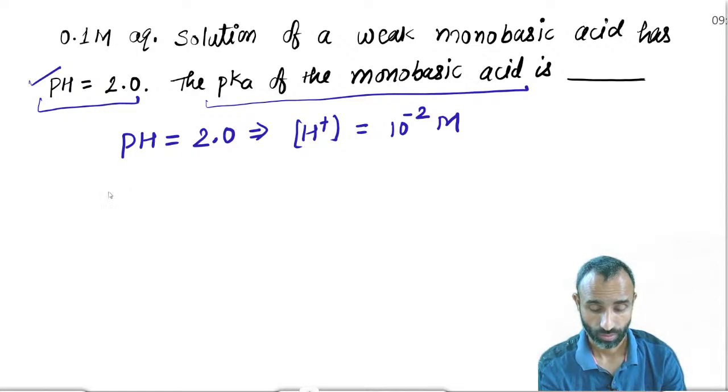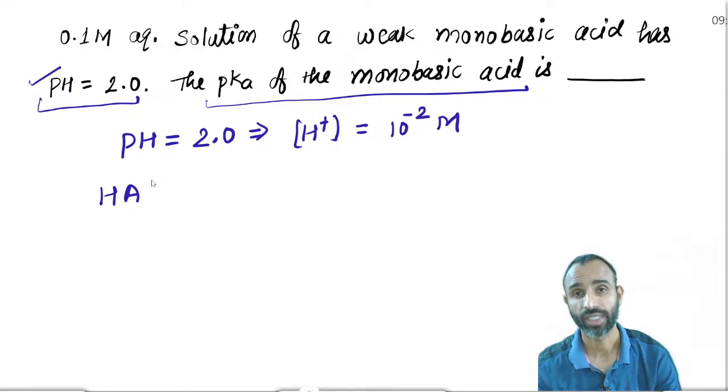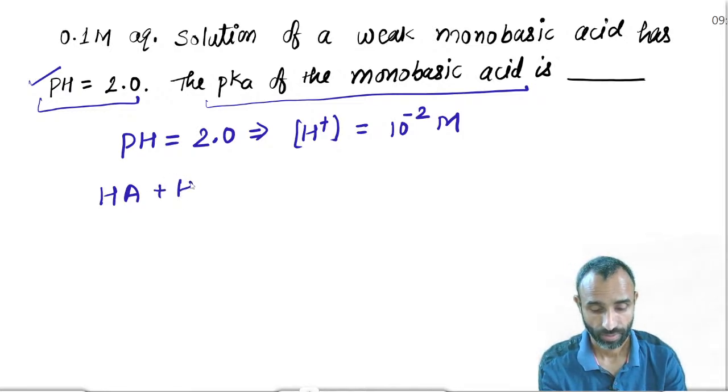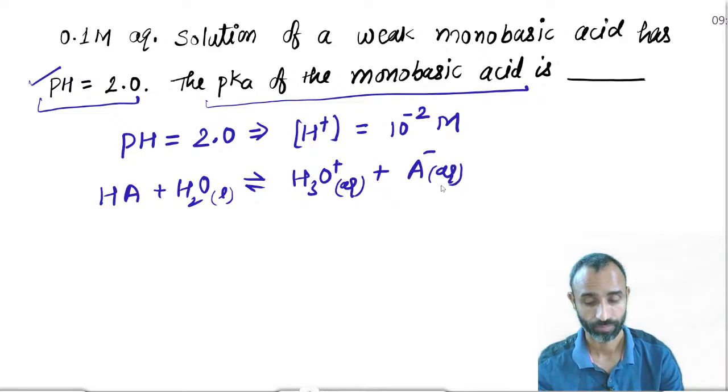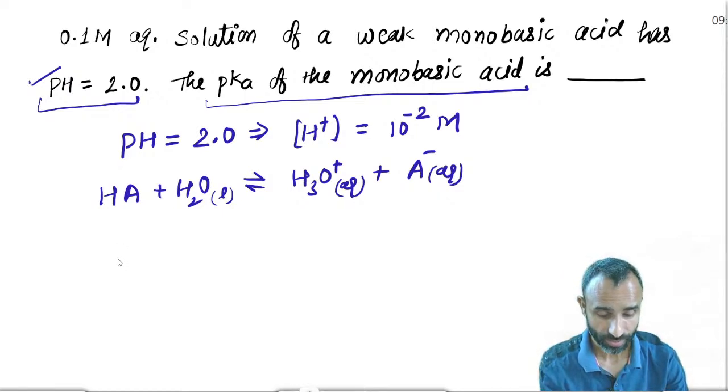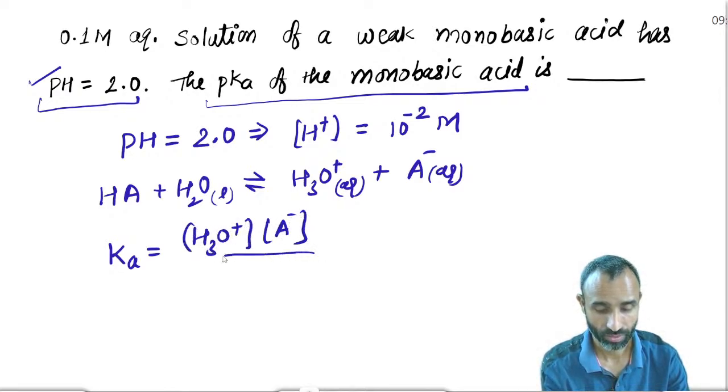Now let us say the weak monobasic acid is HA. That will give H plus ion concentration plus A negative ion concentration. So you know Ka is equal to H3O plus ion concentration, A negative ion concentration divided by HA concentration.